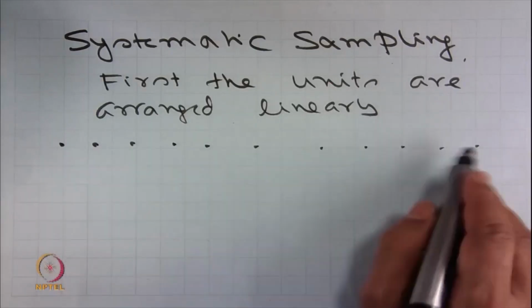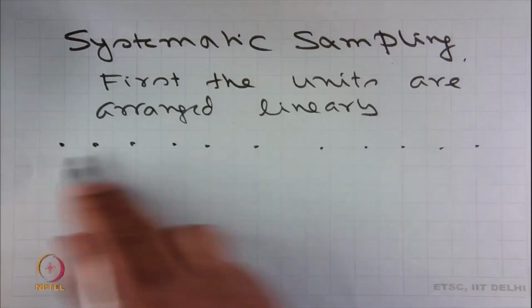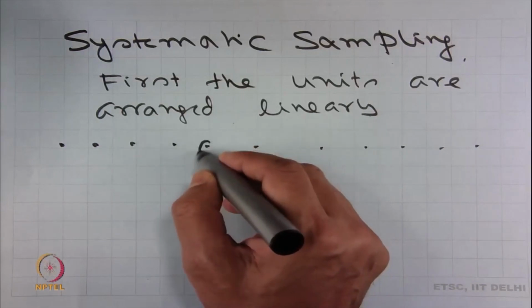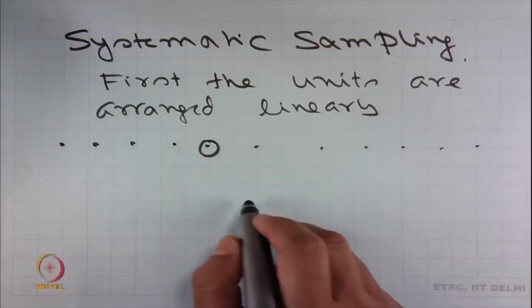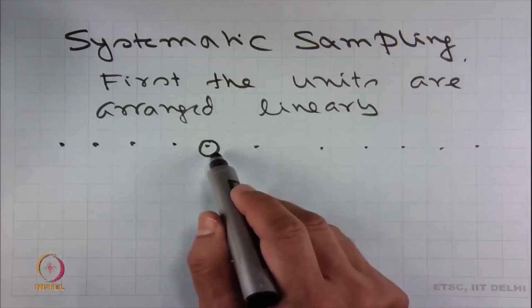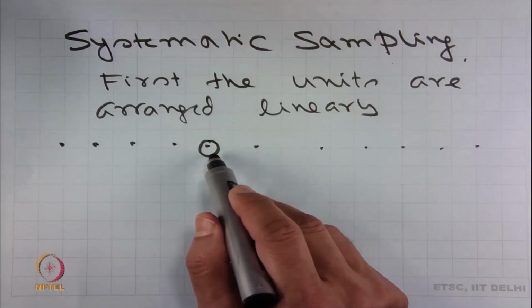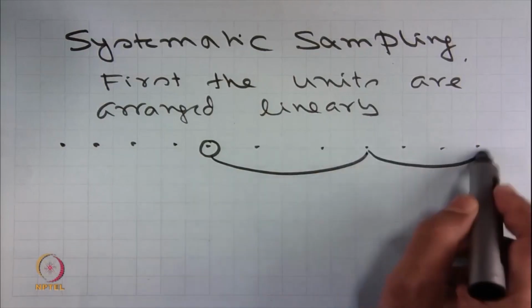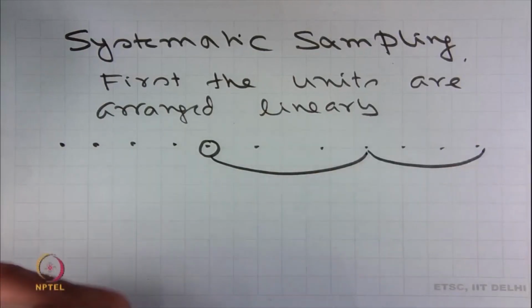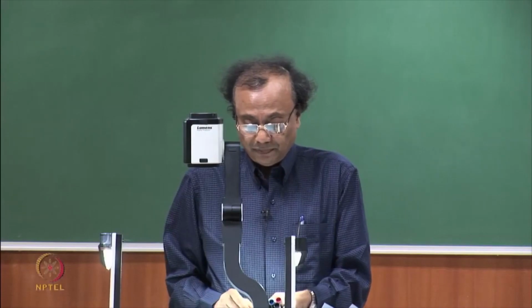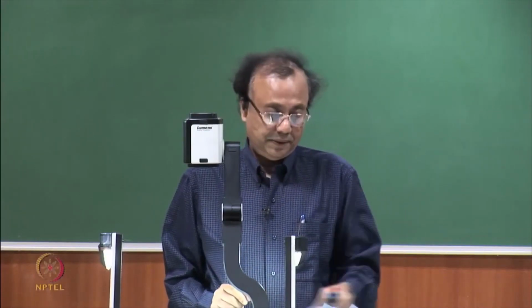Then instead of applying a simple random sampling over the entire population, one starting point is randomly chosen over the entire population. After that, the members are chosen according to some fixed interval. This is also a very useful technique for sampling, as it is much less time consuming and costly in comparison with a simple random sampling.